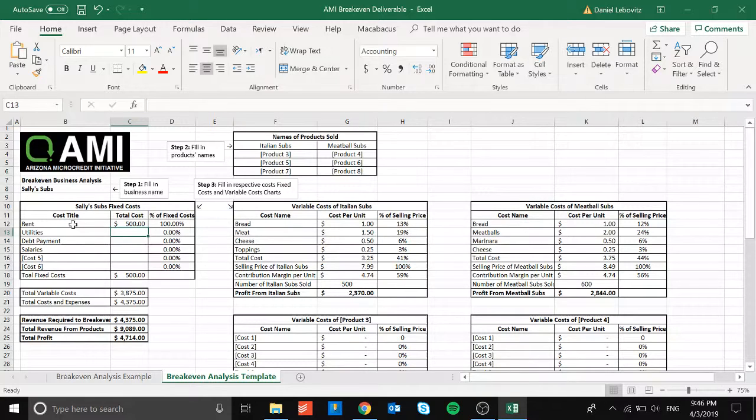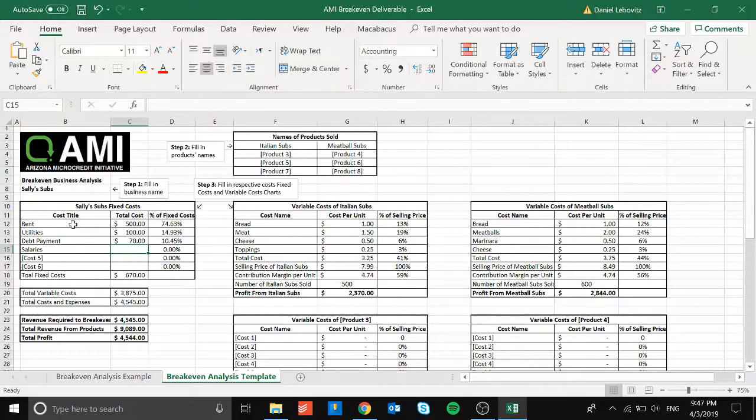Now utilities, let's say for cooking and cash register and whatnot, say utilities are $100 for all the subs that she's heating up, the meatballs she's cooking, things like that. Debt payment, let's say she has a loan that she's paying off and she has to pay $70 a month, as well as salaries.